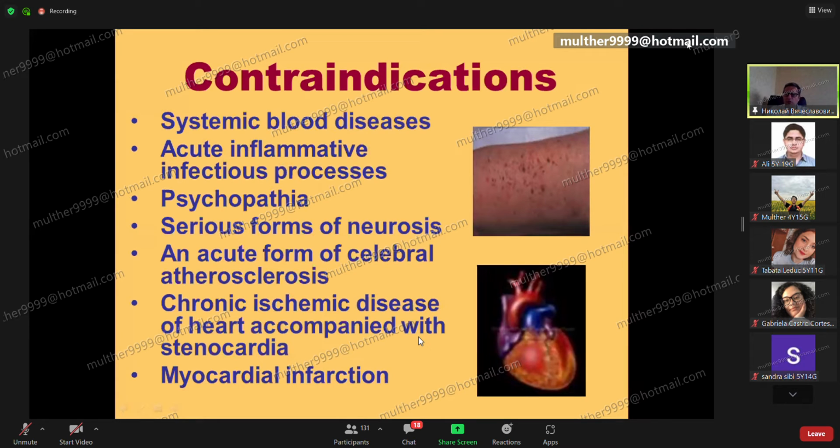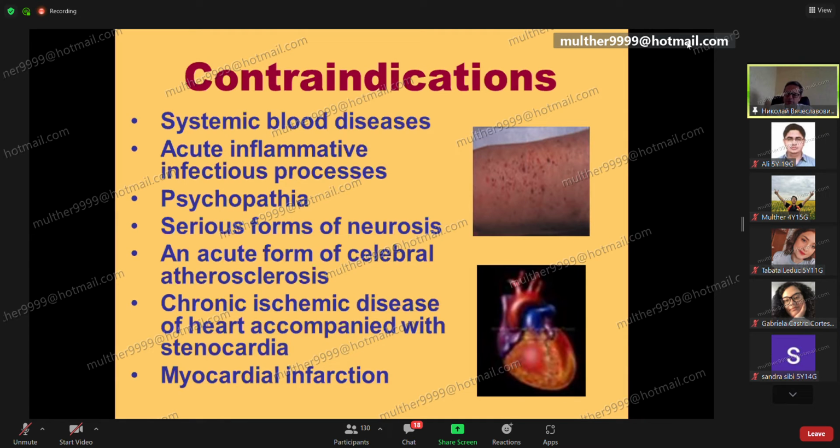As for contraindications for this procedure, galvanization, there are systemic blood diseases with, for example, microbleeding, acute inflammatory infectious processes with fever, psychopathia or psychosis, serious forms of neurosis.